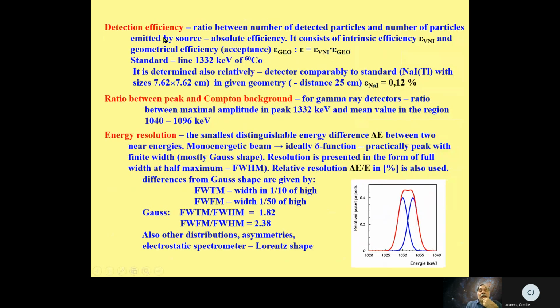Next quantity, this is detection efficiency. This is the ratio between the number of detected particles and the number of particles which are emitted by the source. This is absolute efficiency. And it consists of two efficiencies, intrinsic efficiency and geometrical efficiency, or acceptance.